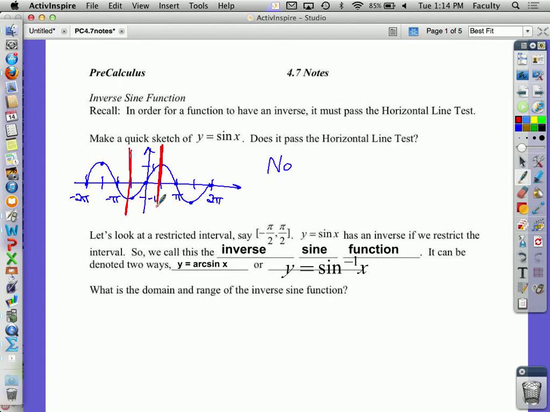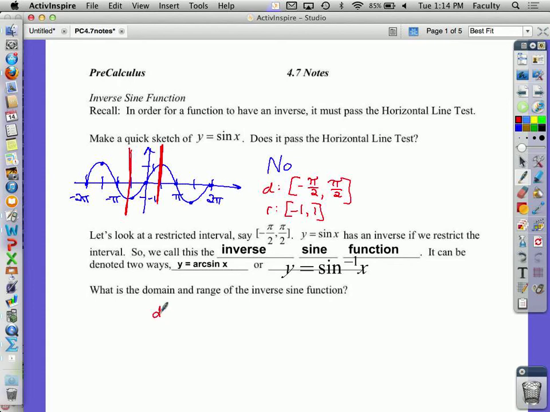Then we're asked, what is the domain and range of the inverse sine function? Well, let's go back to our sine function. We have restricted the domain from negative pi over 2 to pi over 2, and the range is negative 1 to 1. If you remember from Algebra 2, an inverse function is where you switch the x and the y values.